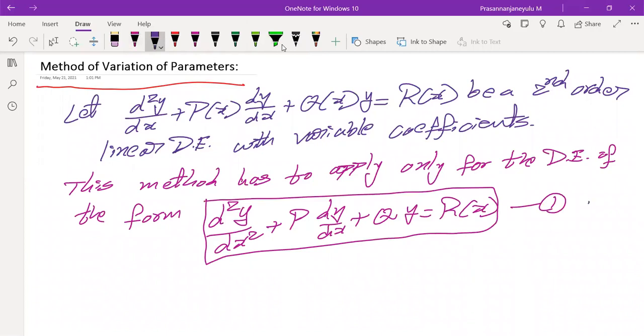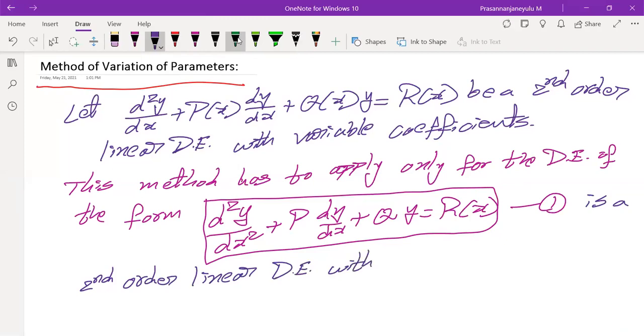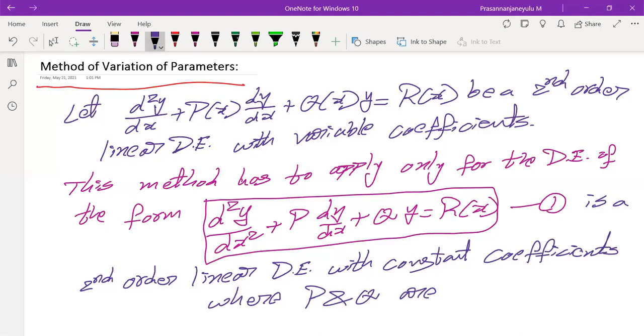It is a second order linear DE with the constant coefficients. This is important. Where p and q are what? Constants, not functions of x variables.